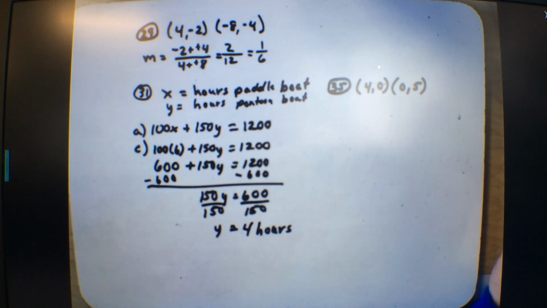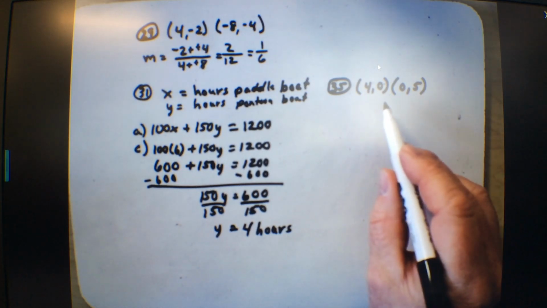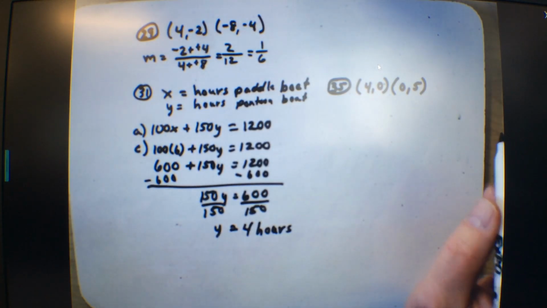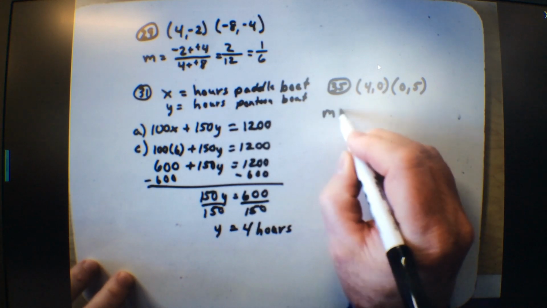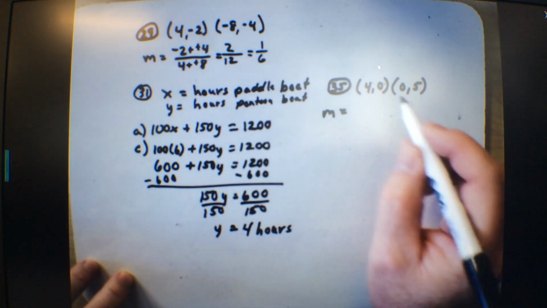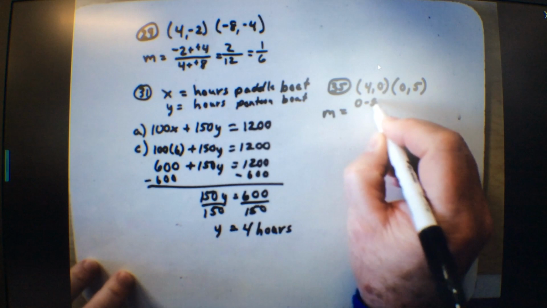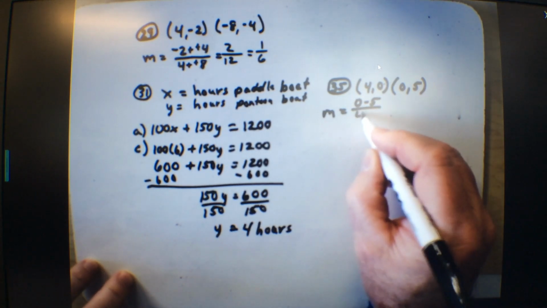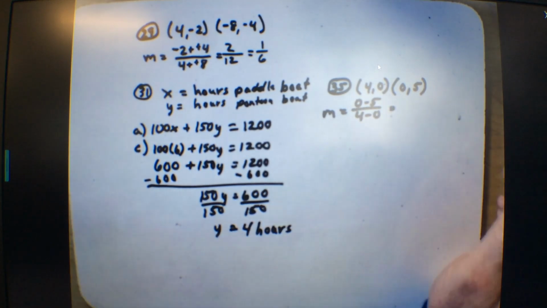Now that doesn't mean that you can't use the other one, but the only one I've ever taught you is point slope. I have a point, what do I need? I need slope. So I take 0 minus 5, which is the y's, and I take 4 minus 0. Make sure you do it in the correct order.